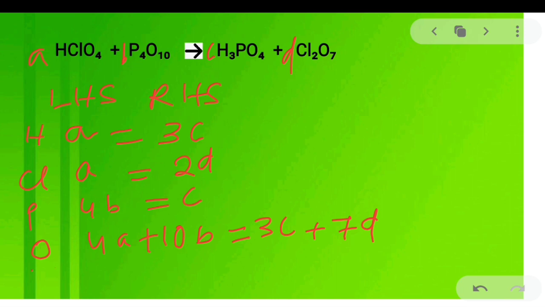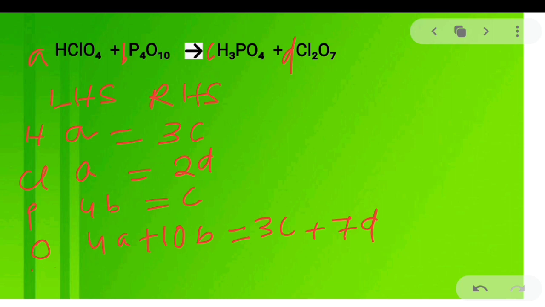Now the next thing is that we need to take the variable which occurs the most times as 1. You can see here A occurs 1, 2, 3 times, and C occurs 1, 2, 3 times, while B occurs only 2 times, and D occurs 2 times.